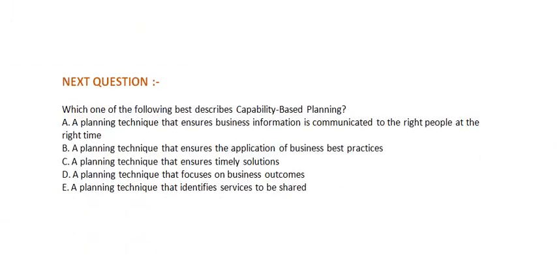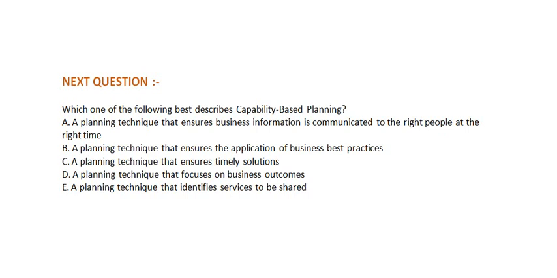Next question is, which one of the following best describes capability-based planning? Option A, a planning technique that ensures business information is communicated to the right people at the right time. Option B, a planning technique that ensures the application of business best practices.